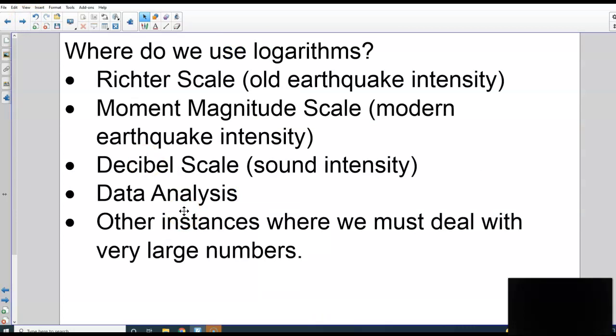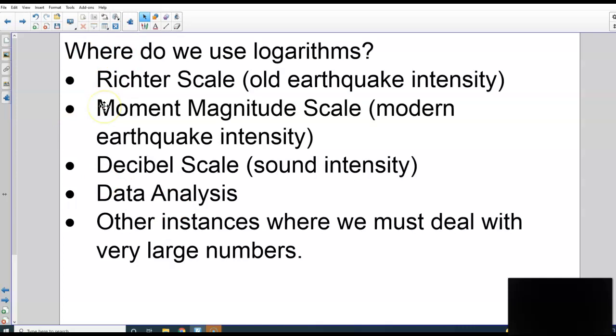But so just a few things that use logarithms in real life that I want to introduce you to. There's the Richter scale, which whenever we talk about earthquakes, I at least always hear them talk about the Richter scale. The Richter scale is actually outdated, I learned whenever I was looking at this a little bit. And we don't actually use the Richter scale anymore.